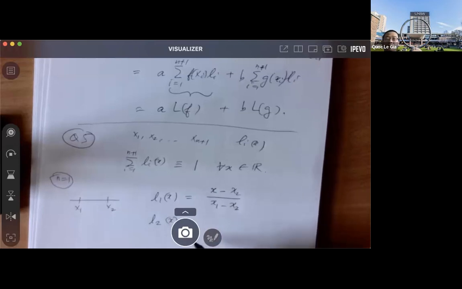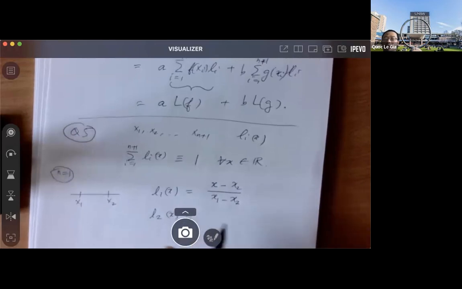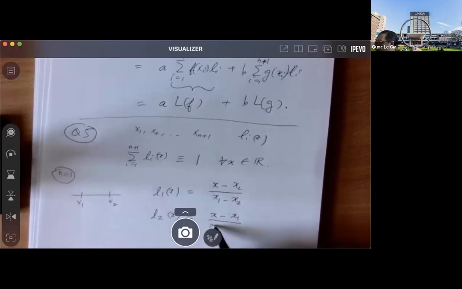And then what is L2? L2 is x minus everything except the second point, so x minus x1 over x2 minus x1.